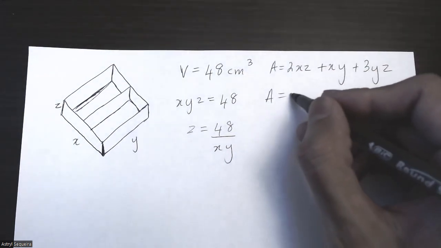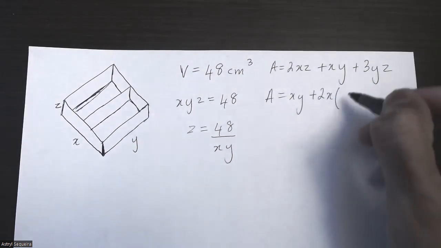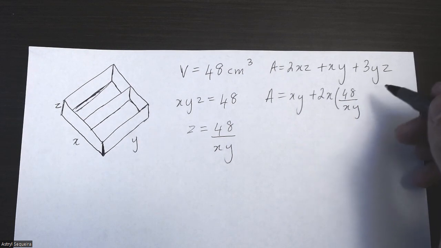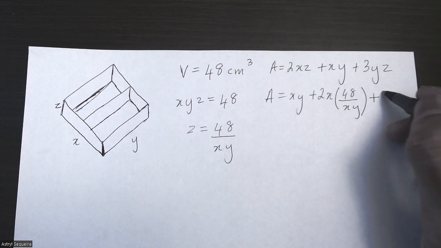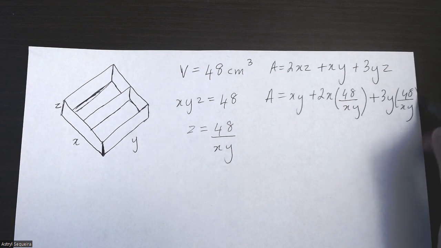Just going to write this xy term first, and this is just 2x times 48 over xy. And then this is 3y times 48 over xy.